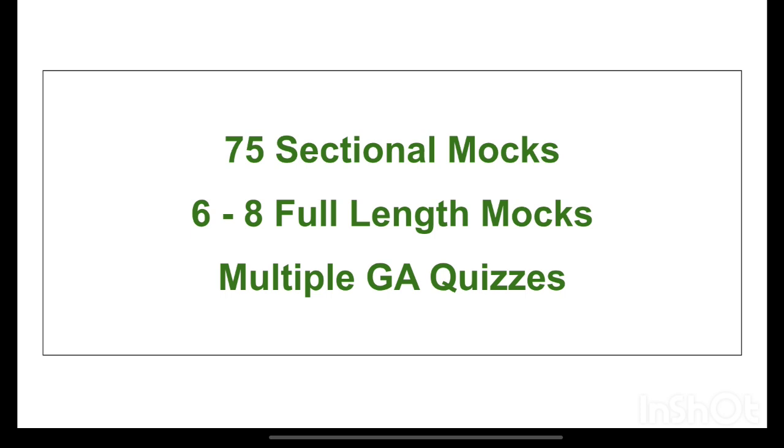And as we spoke, you are doing a full length mock every 3 or 4 days. That means you are ultimately giving anywhere between 6 to 8 full length mocks, which is very good practice of understanding the overall exam. Alongside, every day you are practicing GA.